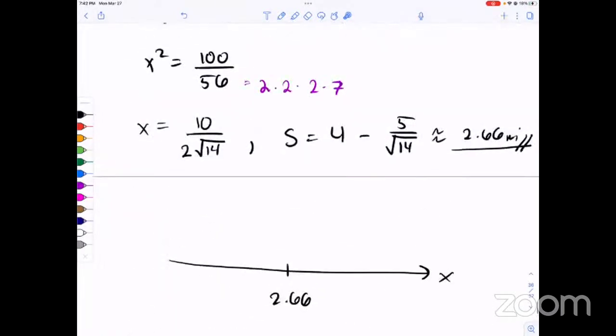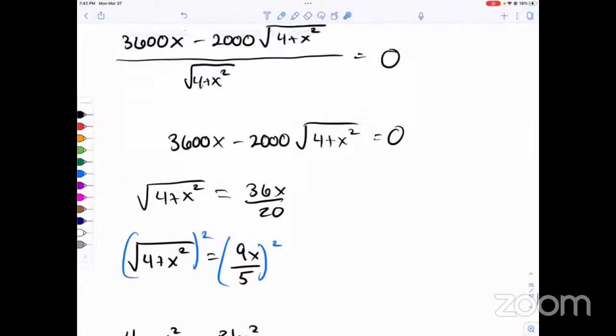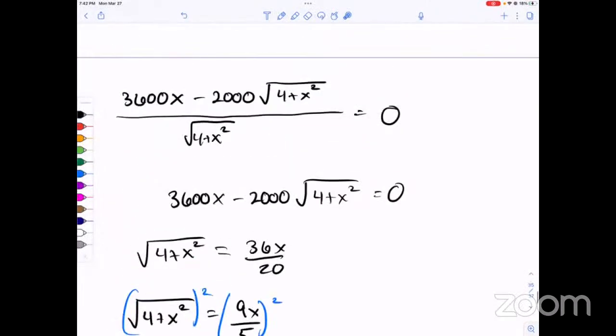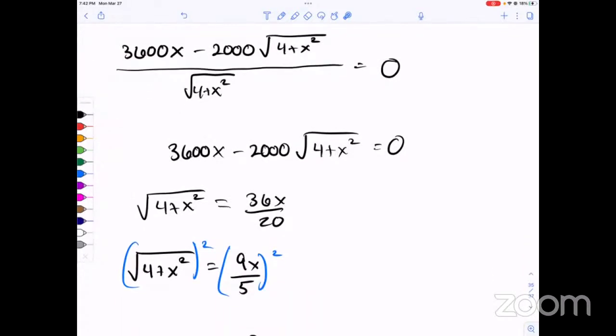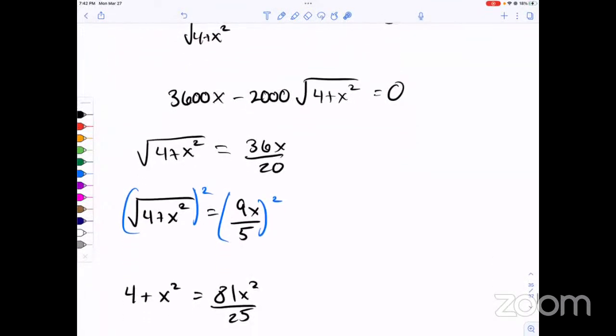Let me go back. Are we missing something? Maybe we should have used plus or minus. Because it looks like, but 0 still doesn't.